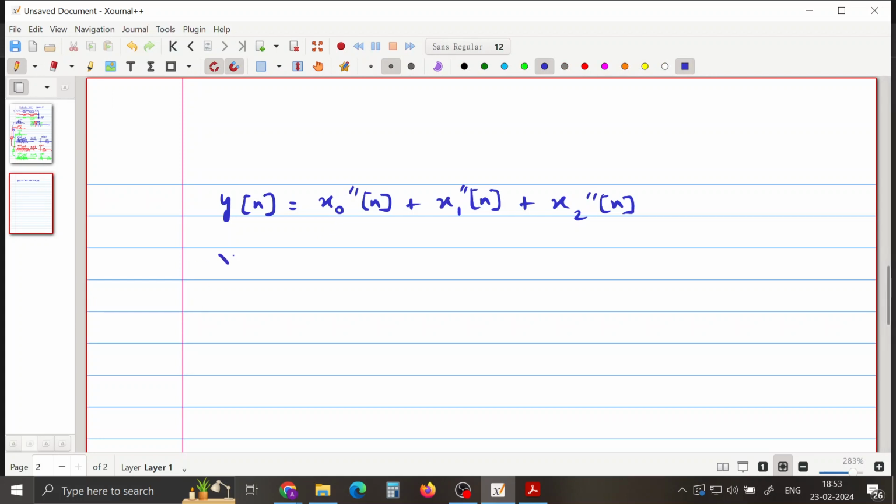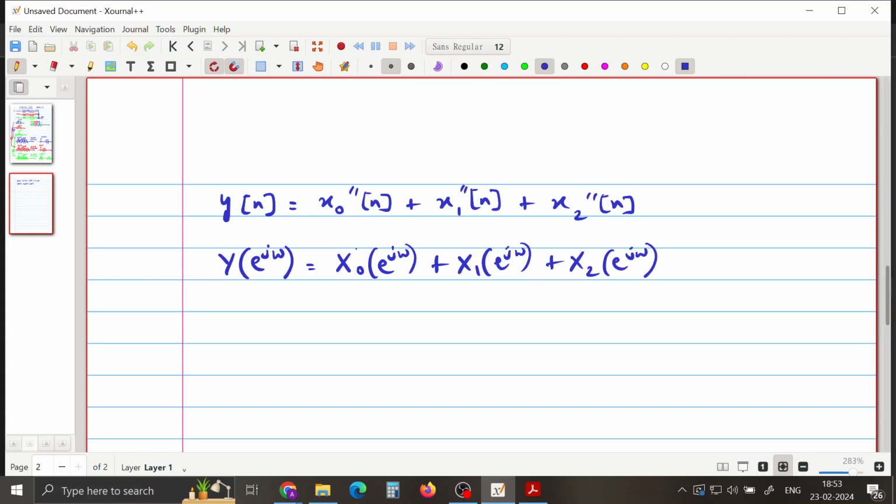So if I take the DTFT on both sides, my output spectrum y of e power j omega would be the sum of the individual spectrums of these, right? X naught of e power j omega plus x1 of e power j omega plus x2 of e power j omega.